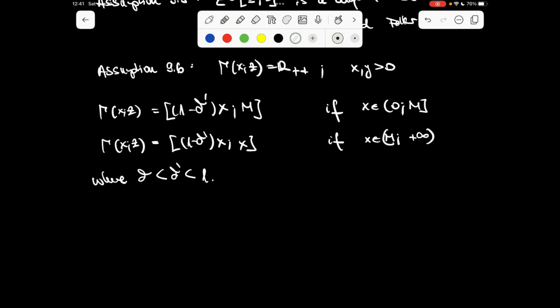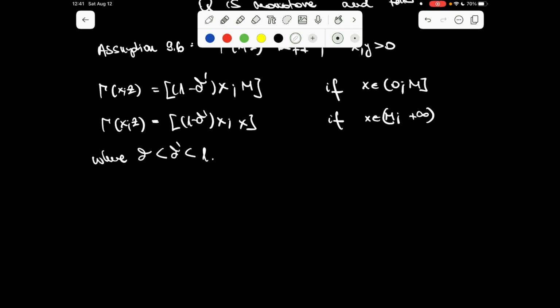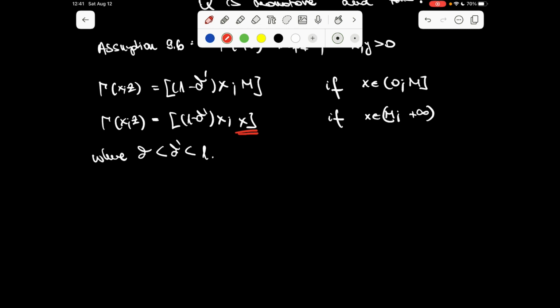If this m is not enough, because even an investment which is greater than m, then the absolute upper bound can be the current capital stock. So in this way we can have two versions of the correspondence which are compact.